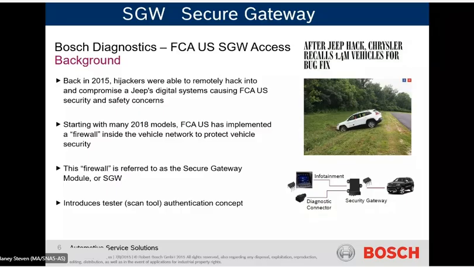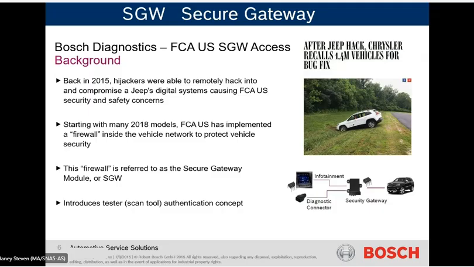There's several other companies out there, OEs, that use what's called a secure gateway, but many of those are incorporated into your tool because of the relationships that Bosch has with a lot of these OEs. It's already incorporated into the tool, so you won't need it for those. This tool will tell you when it's accessing a secure gateway.